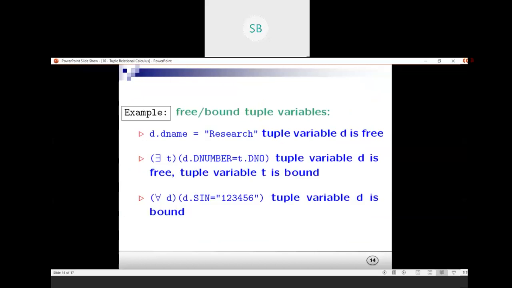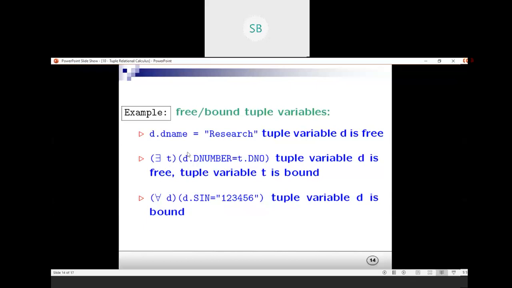Check the example I have given here: d dot name equal to research. No quantifier is attached to it, so it is a free variable. But in this case, there exists t and d dot number equal to t dot dno. The existential quantifier is attached only with t and not with d.